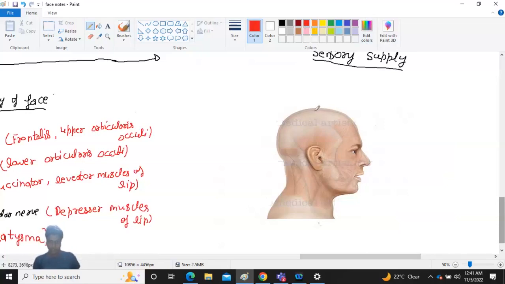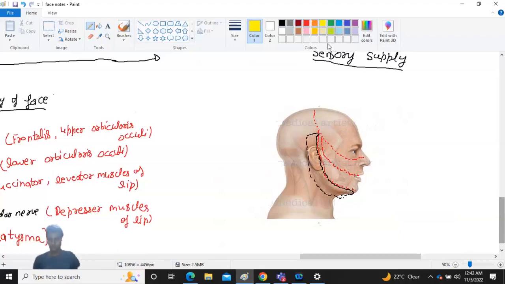Let's say this is region one, second is this region, and the third, the last, is this whole region. So there are three regions supplied by the trigeminal nerve, and the fourth is this, which is not supplied by the trigeminal nerve but is also included in the face. Remember, this is not supplied by the trigeminal nerve.